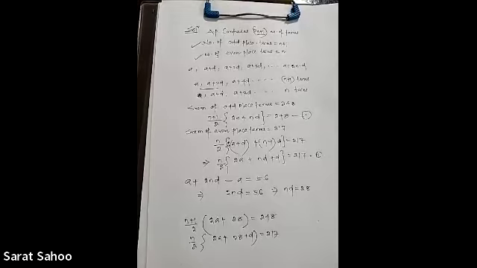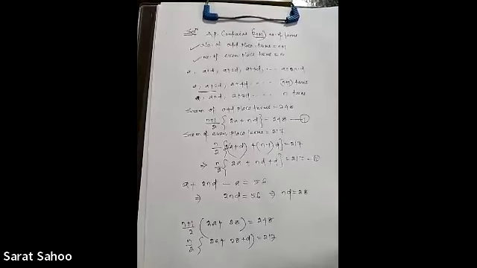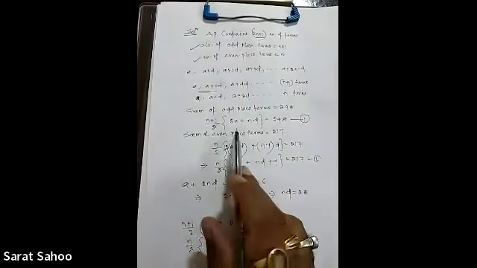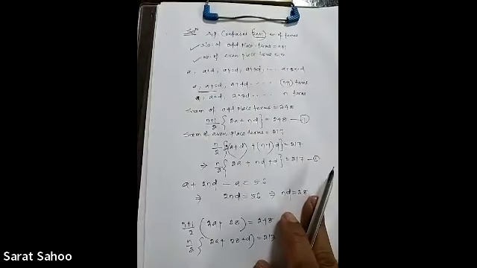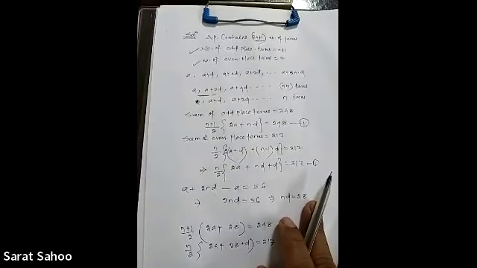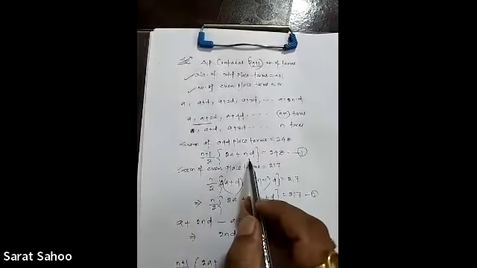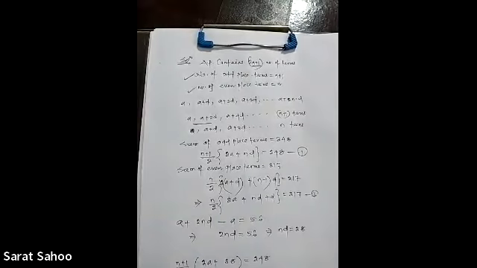nD is equal to 28. So n plus 1 by 2 into 2A plus, here, the number of odd place terms is n plus 1.